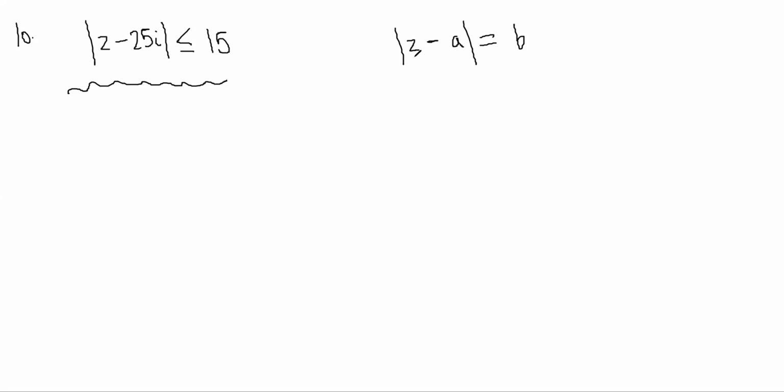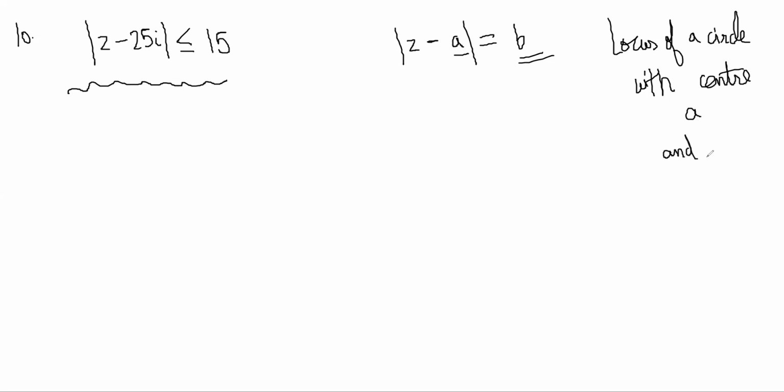That means the complex number z is such that its distance from this point a is equal to b, right? So it is at an equal distance b from the point a. So this is the locus of a circle with center a and radius b.